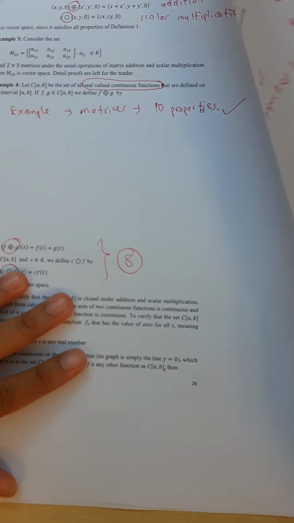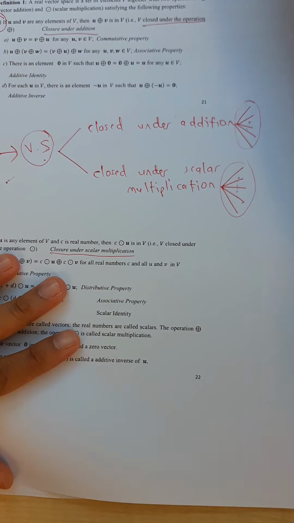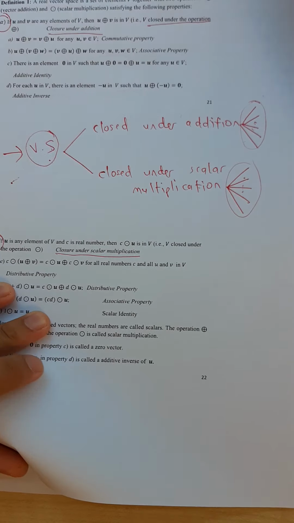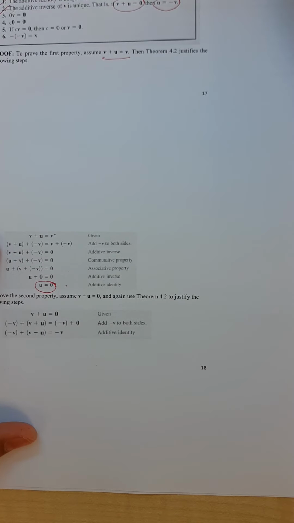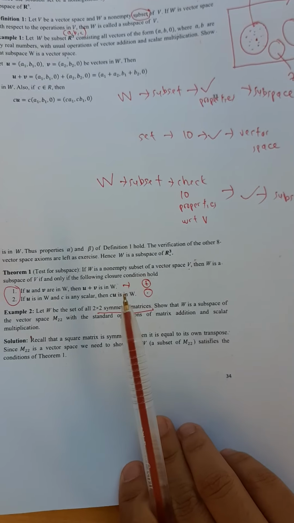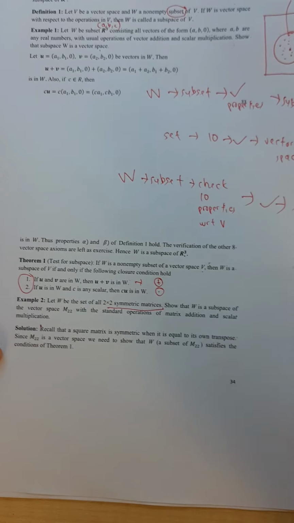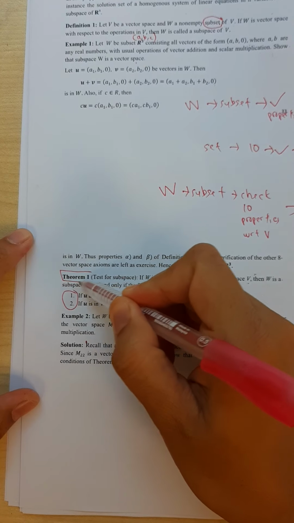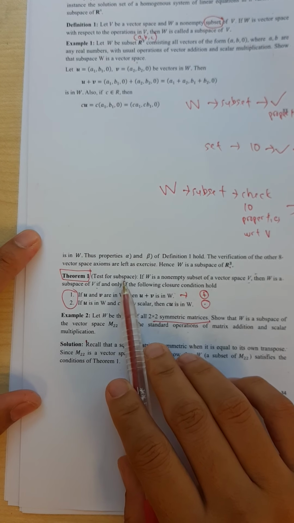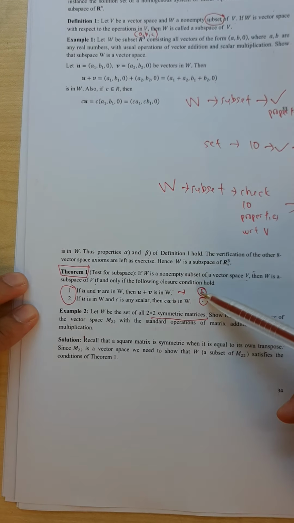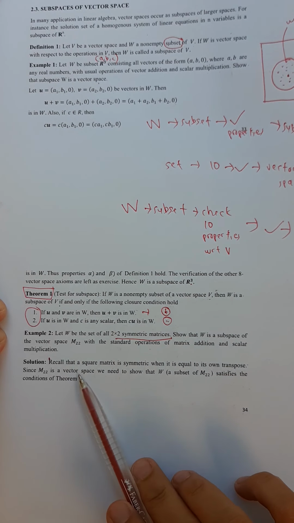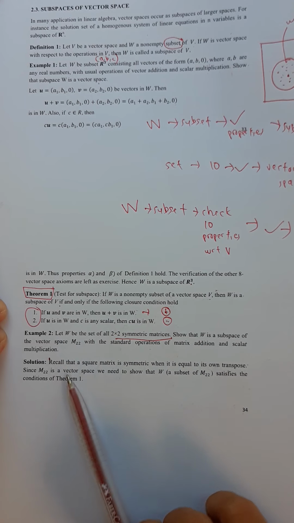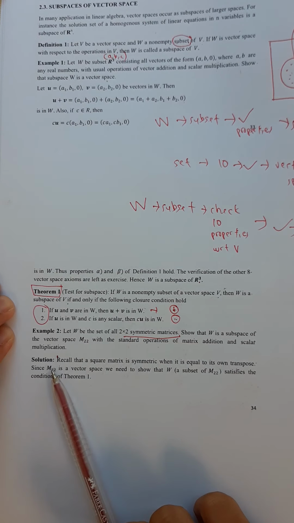Let me check where it is. Okay, theorem 1 is this one here. That's for subspace. So we're going to use these two, vector addition and scalar multiplication, to show that this W is a subspace of this M22.